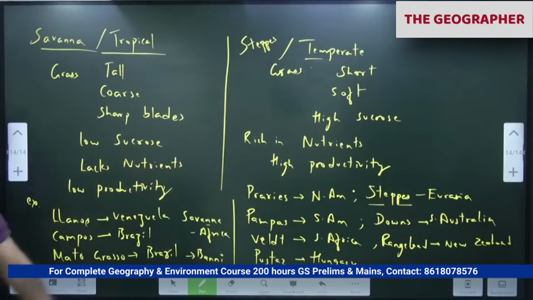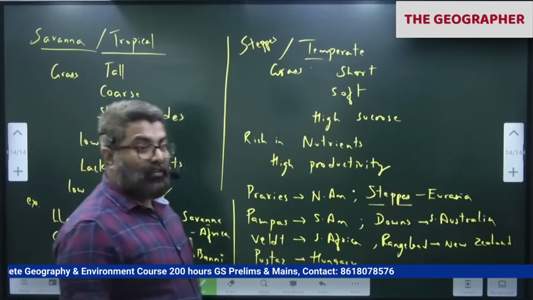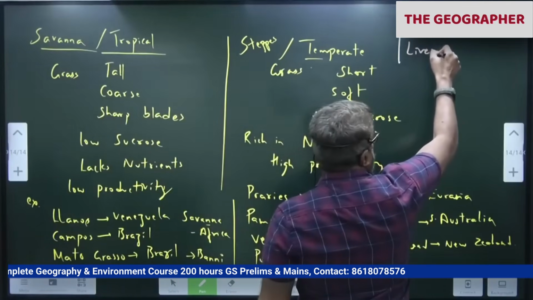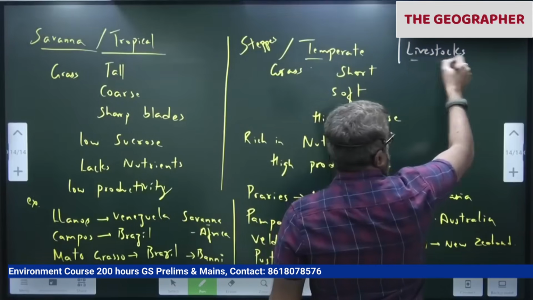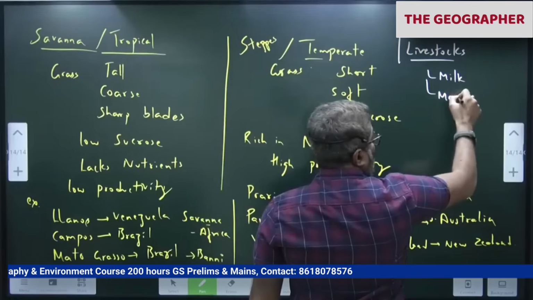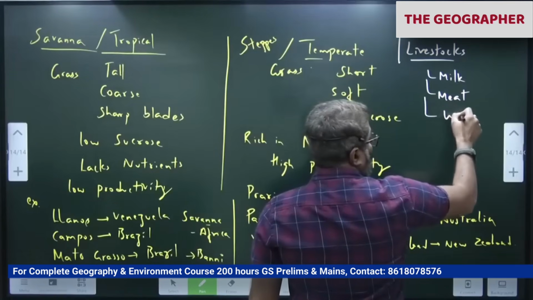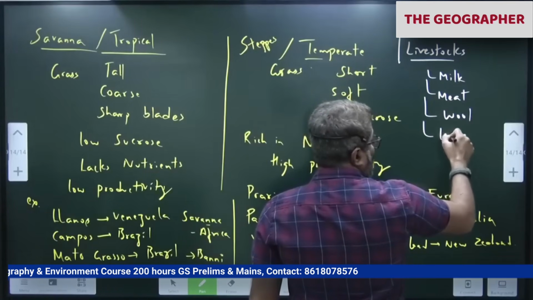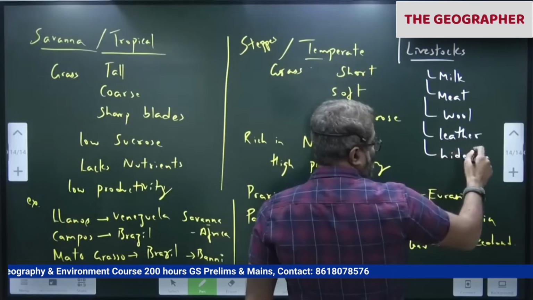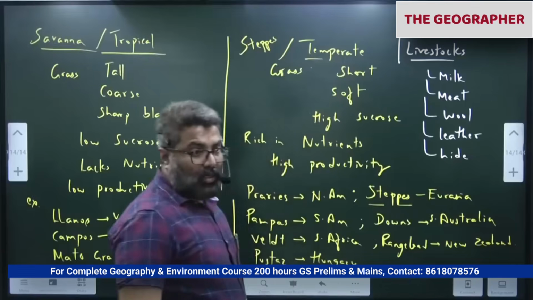Grasslands are very popular for rearing livestock. Livestock rearing, wide variety of animals are reared for milk, meat, wool, leather, correct, and even the hide of the animal, means overall the pelt of the animal. Okay.